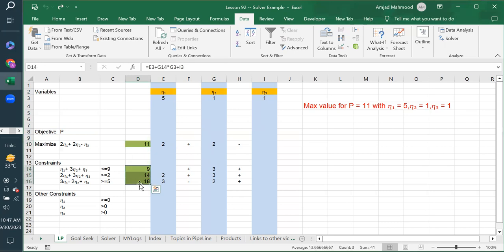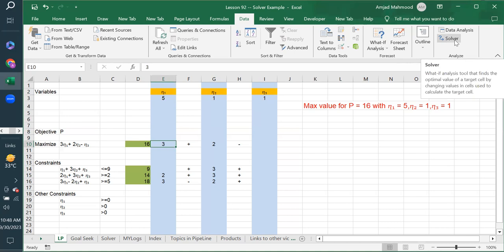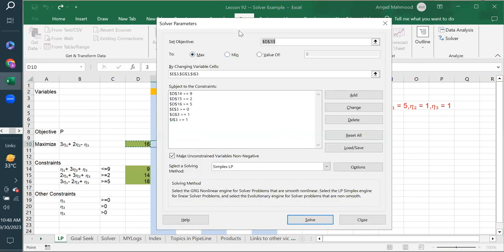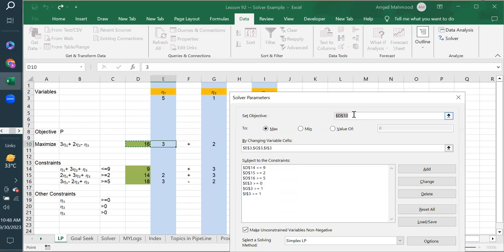So these are the functions you have used, and then you go to the solver. For example, you put in here a value, say you make it 3. So let's use the solver to determine. Our objective remains D10, and it is max, fine.